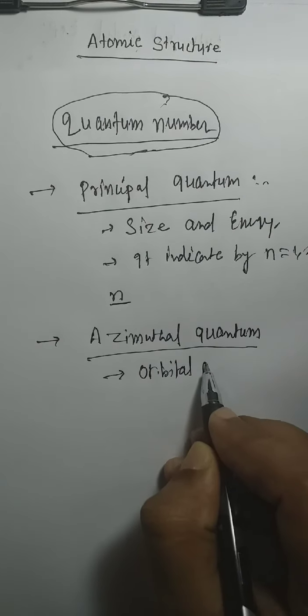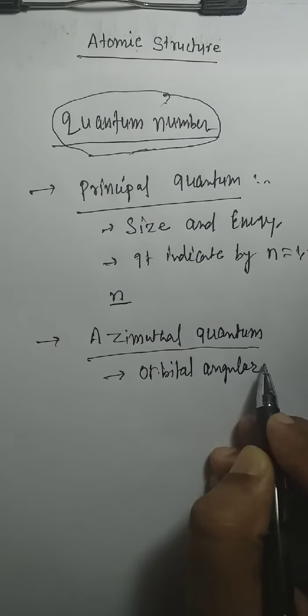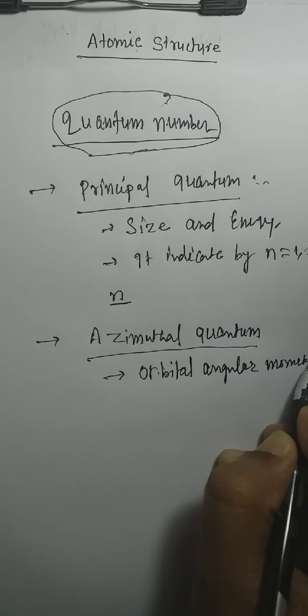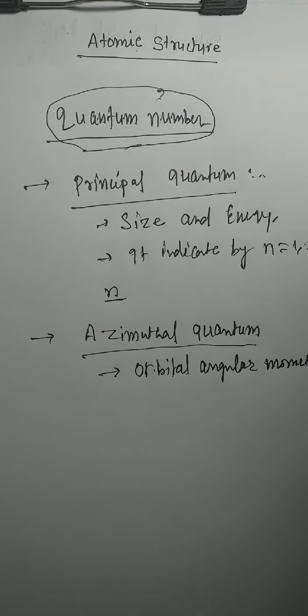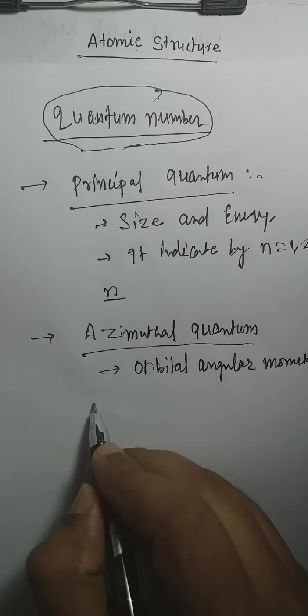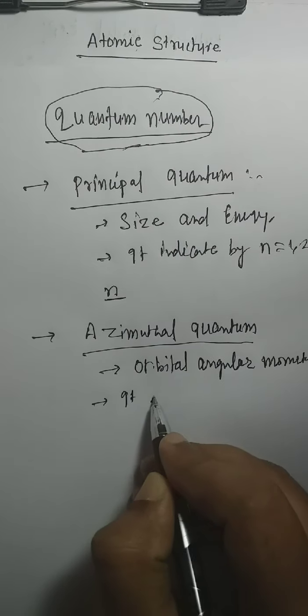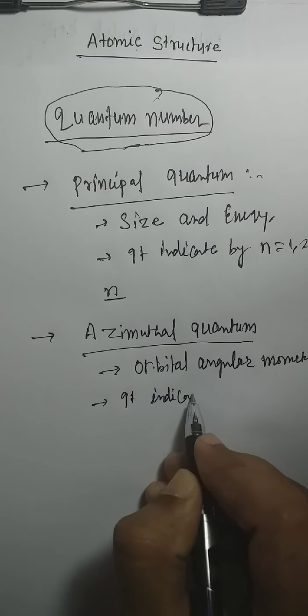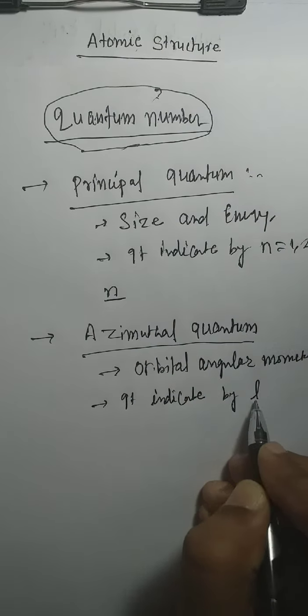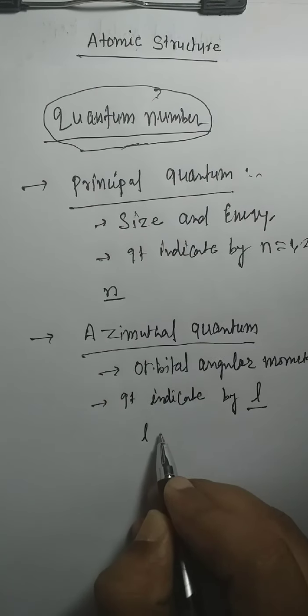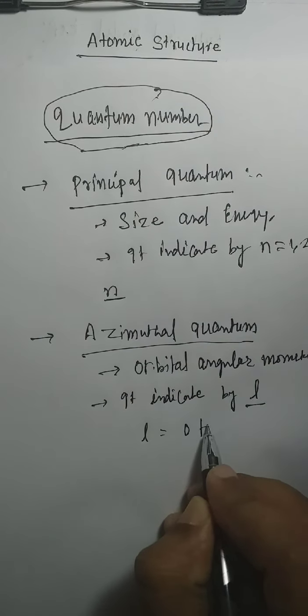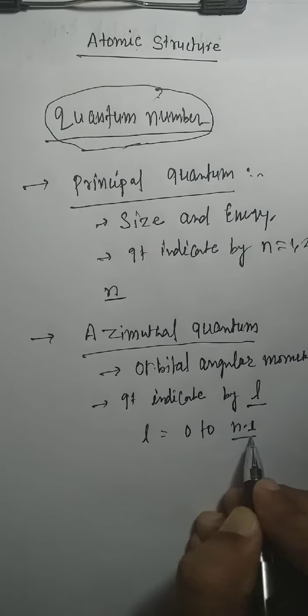If anyone asks what idea is given by the azimuthal quantum number, your answer must be that it gives an idea about the angular momentum. It is indicated by lowercase l, where l value is equal to 0 to n minus 1.